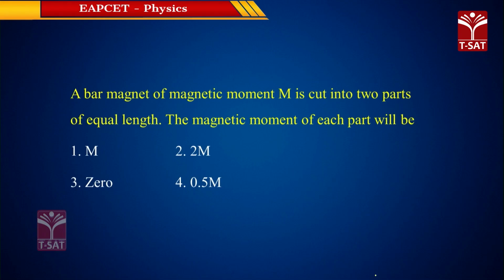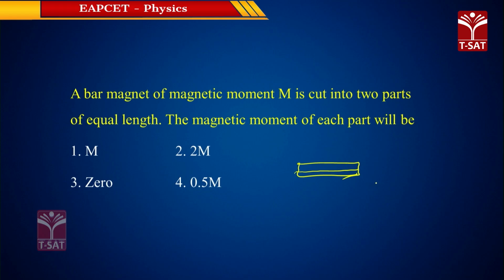Okay children? And a bar magnet, magnetic moment capital M, is cut into two parts of equal length. See this question. The magnetic moment of each part will be, here this is the bar magnet, children. This bar magnet is cut into two parts like this.